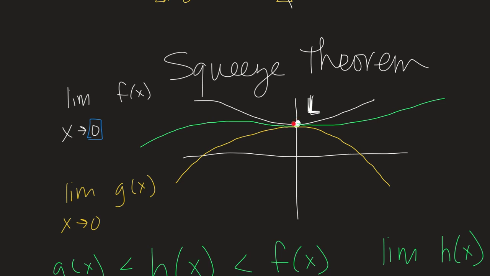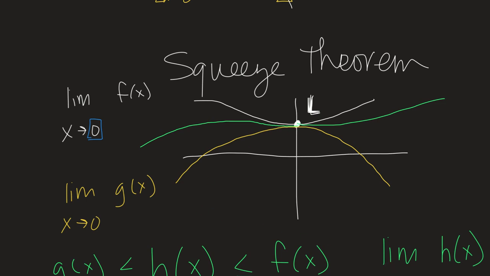So whatever this limit is here, because h is between f and g, and those both go to L here, maybe it's 4, that means that h also has to go to 4. Okay, so we can know by the squeeze theorem that if there's two functions that we know the limits of, and there's a third function that we might not be sure of, but we know how it relates to the other two, then by the squeeze theorem, that function has to have the same limit as the other two.